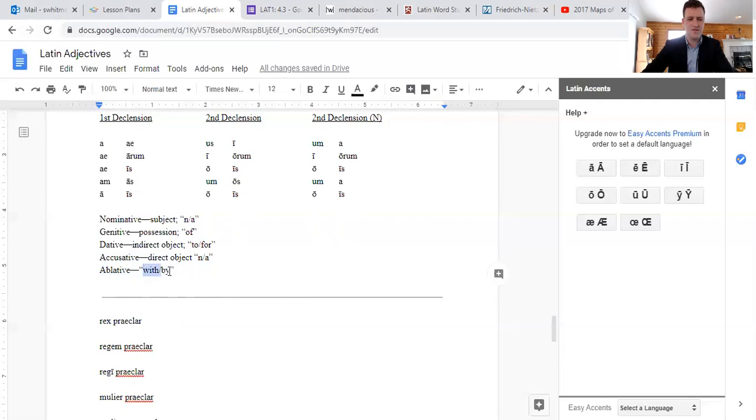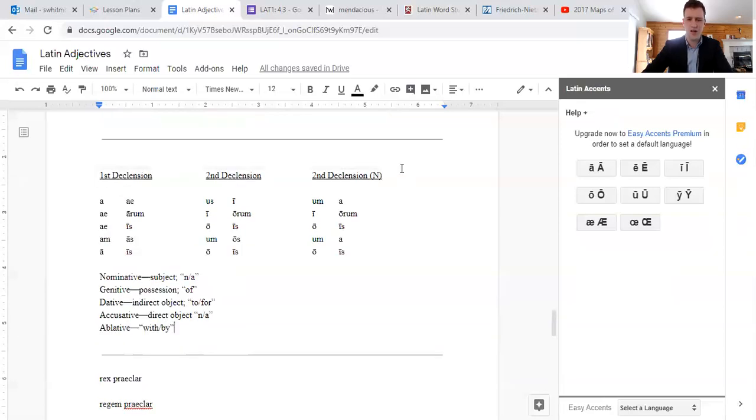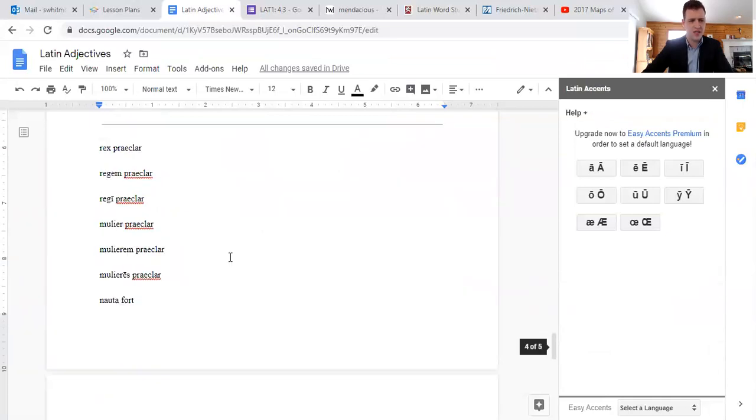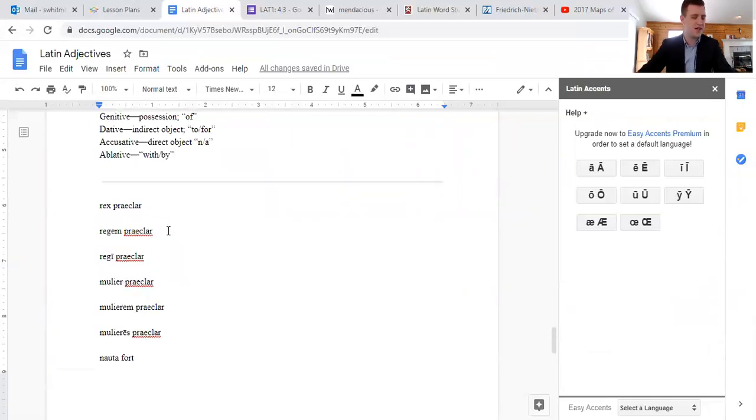If you have an ablative that I'm asking you to translate, with or by work fine as English prepositions. So go ahead and look back over that. Like I said, I'll add the third declension endings as well, but these are here for you. And then I want to take you through a few examples of just phrases with noun adjective pairs.